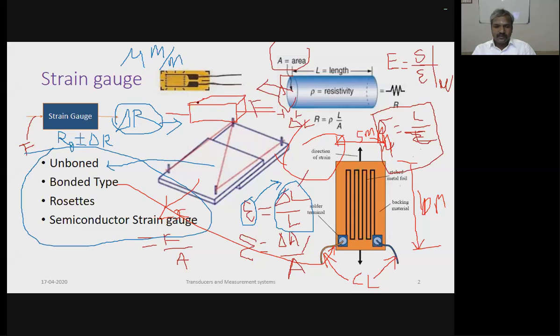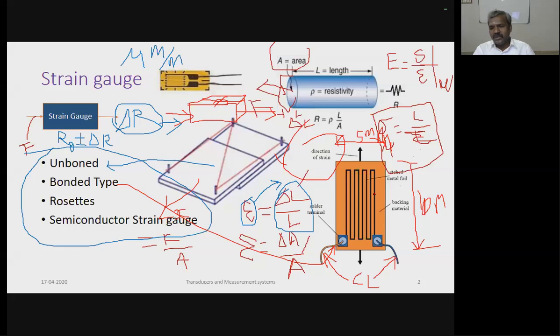If you want to detect the strain developed in the membrane when we apply a tensile stress, we have to bond the strain gauge exactly in the middle, in the center of gravity line of the membrane. Center of gravity line means, if it is rectangular, exactly at the middle. So we have to bond the strain gauge over the exact middle.